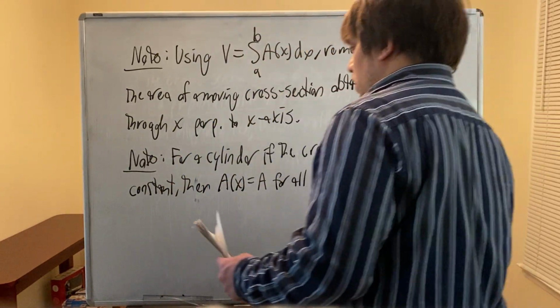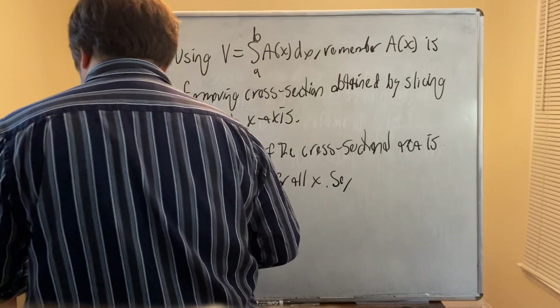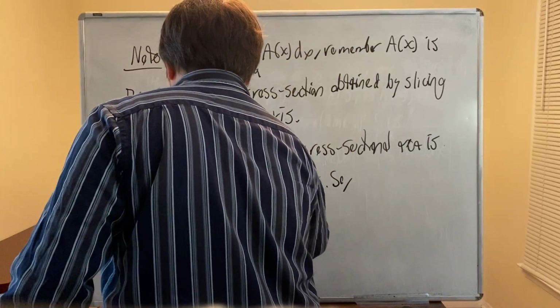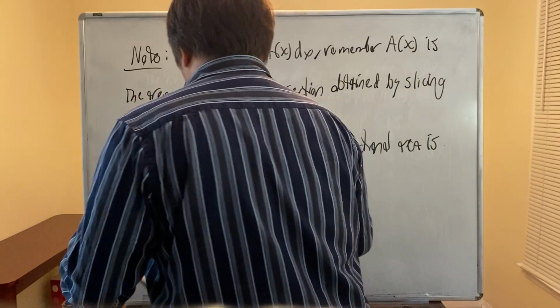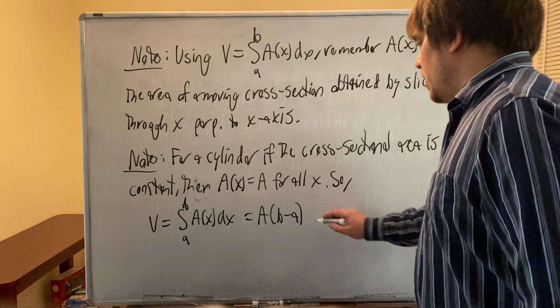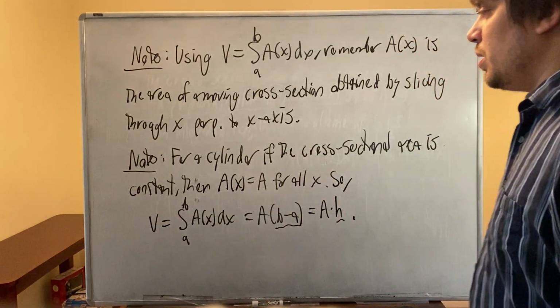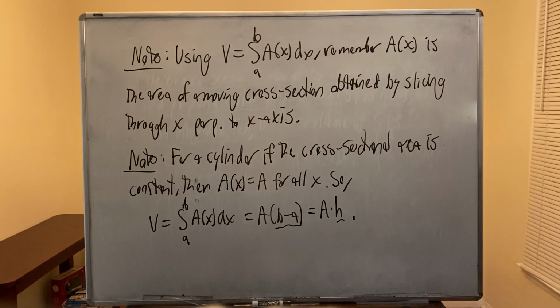So the volume V is equal to the definite integral from a to b of A of x dx. And so that's equal to capital A times (b minus a). And that's equal to capital A times h, where h is b minus a. Okay?